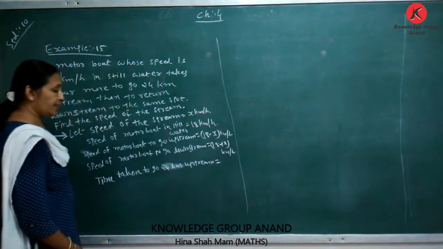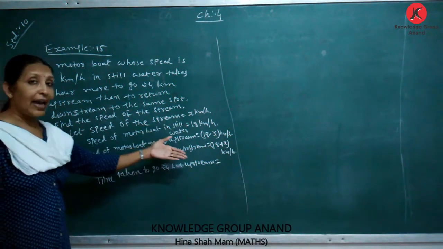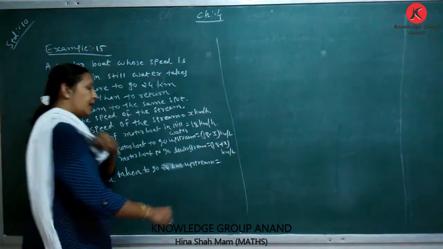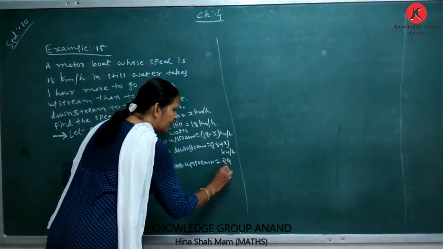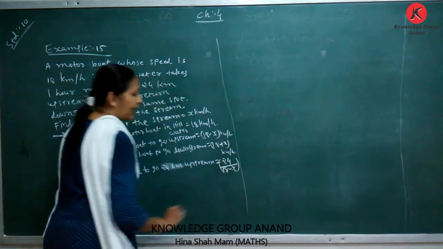We know from previous sums that time is equal to distance upon speed. Upstream time is equal to 24 by 18 minus x.